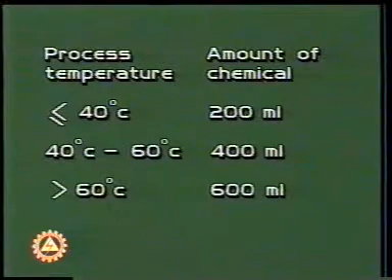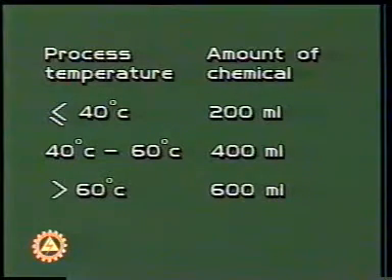The three steps defining the amount of chemical to be added in the process with respect to temperature are: 200 ml chemical is to be added in the process up to a temperature of 40 degrees Celsius, whereas 400 ml for temperature between 40 degrees Celsius to 60 degrees Celsius.